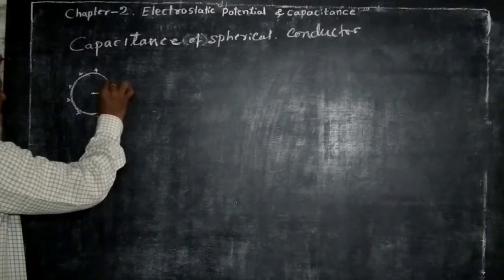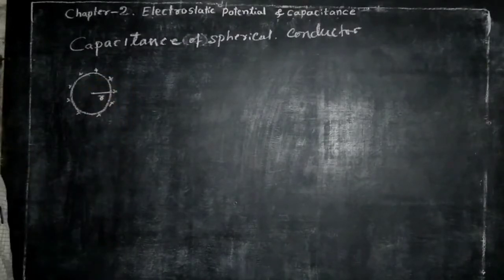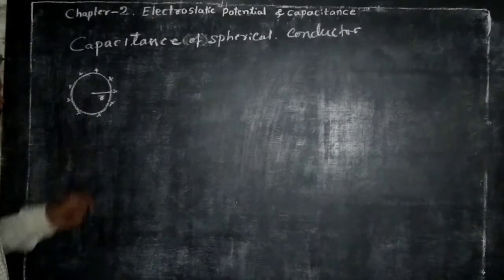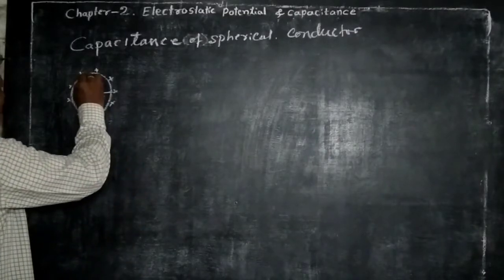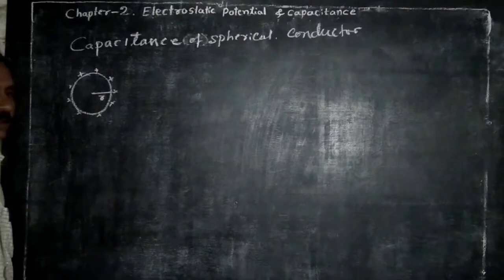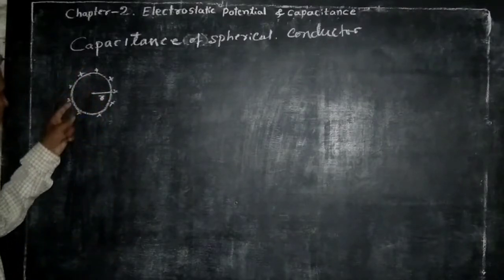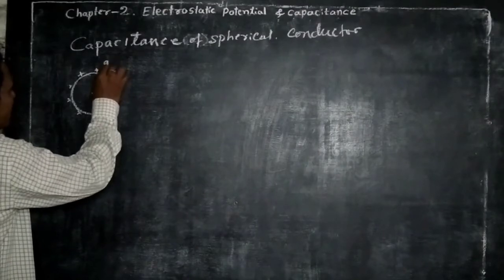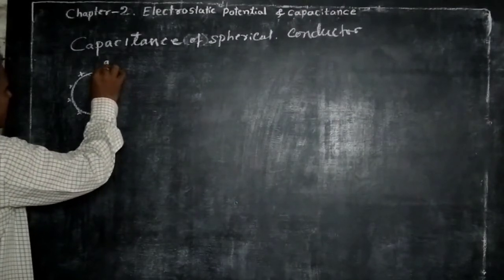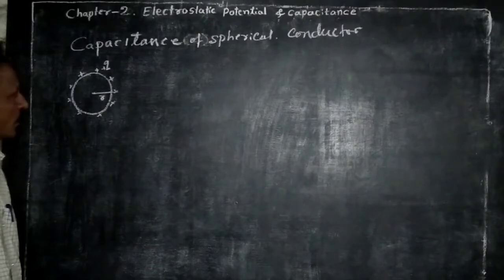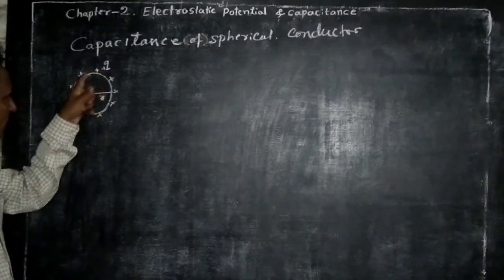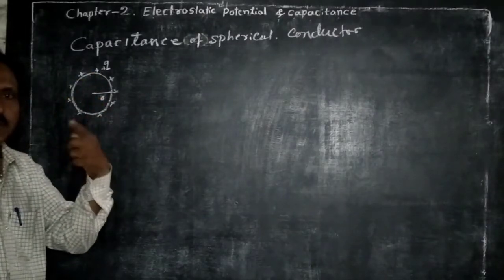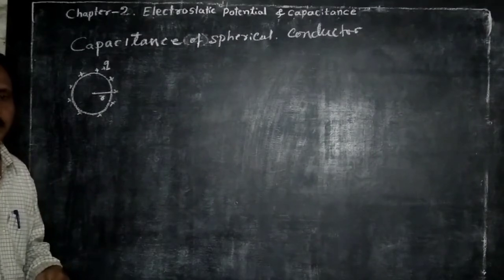You have studied this in the first chapter. When charge is given to a spherical conductor, it is uniformly distributed on it. Let plus q be the charge given to the conductor. As charge is given to the conductor, its potential increases.